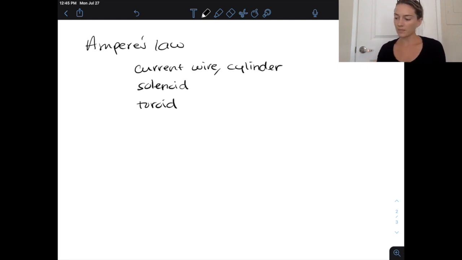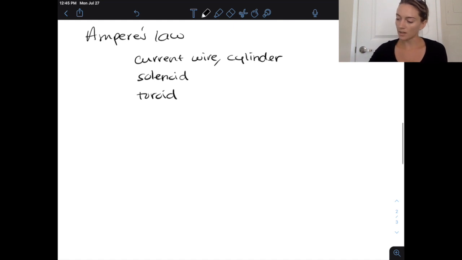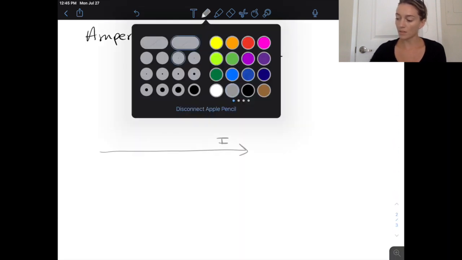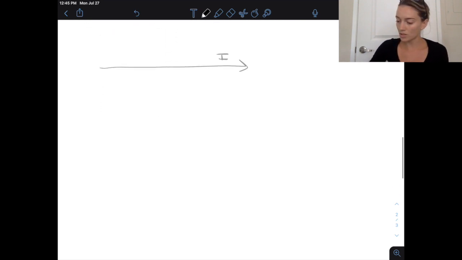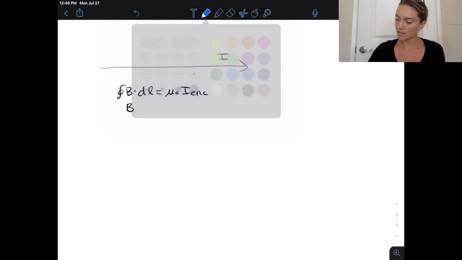So just quickly, for a current wire, let's say with current going this way, and I want to use Ampere's law to find the magnetic field. I'm just going to do B dot dl is equal to mu naught I enclosed. B and dl is just a loop around the current.